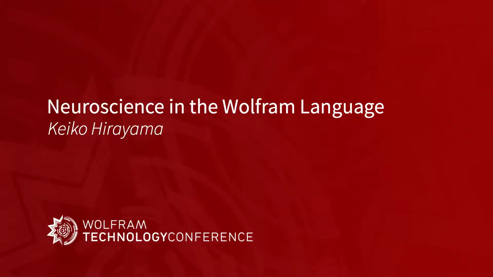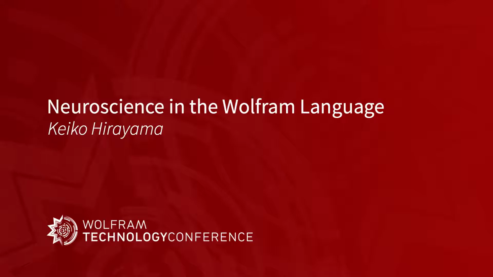I'm Keiko Hirayama, a Wolfram Alpha developer in Scientific Content Group. There are many ways in Mathematica to work with neuroscience data, ranging from processing images and signals to analyzing temporal data and network graphs.